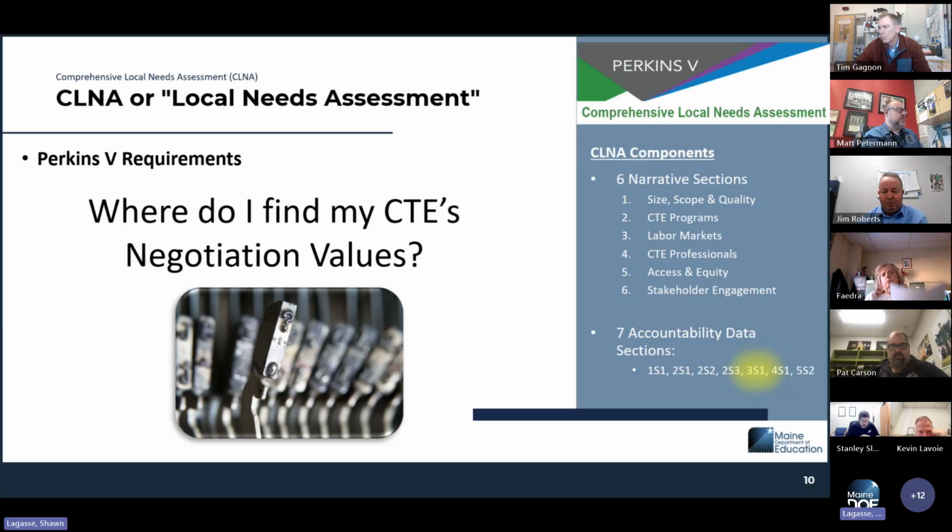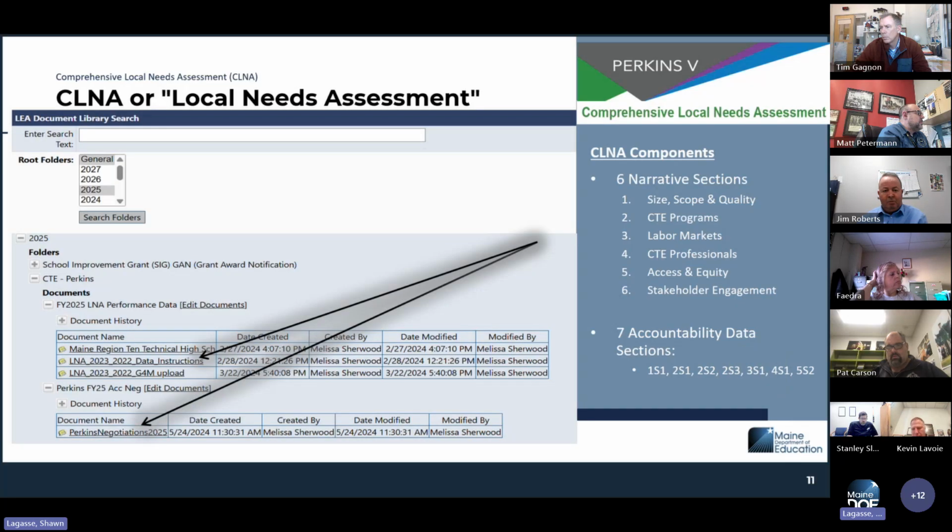There might be multiple ways to get there, and I do apologize, I have not mastered the grants. I can do what I need to do and get in there and see things, but my access might be slightly different from you folks. But the way I find it is, for any school that I'm looking at, in this example I pulled up Region 10, I go back and look at 2025.